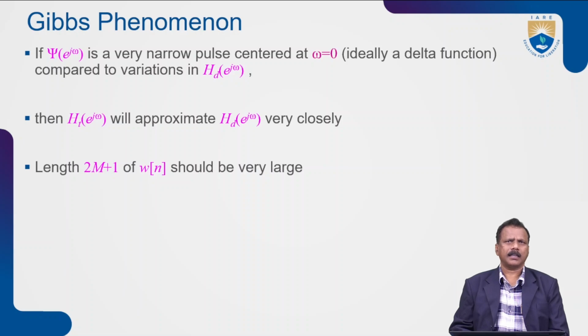So we have to observe that the length 2M+1 of w[n] should be very large.